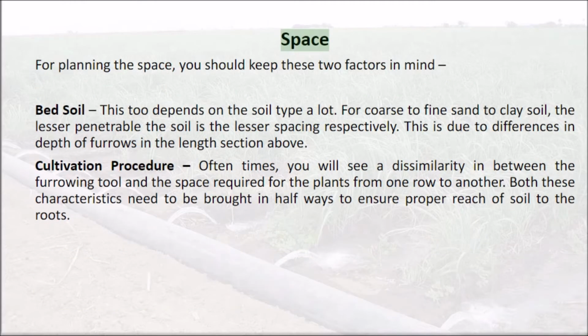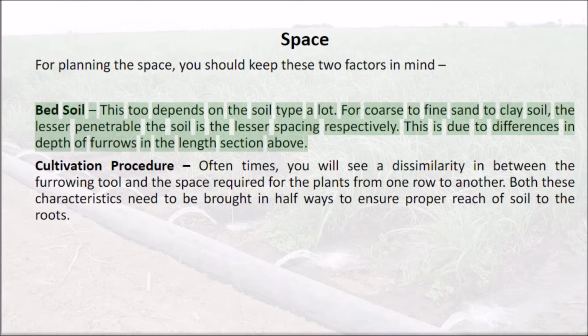Space. For planning the space, you should keep these two factors in mind. Bed soil. This too depends on the soil type a lot. For coarse to fine sand to clay soil, the lesser penetrable the soil is, the lesser the spacing, respectively.